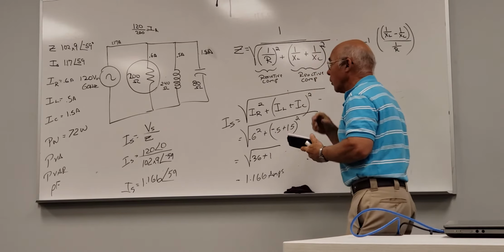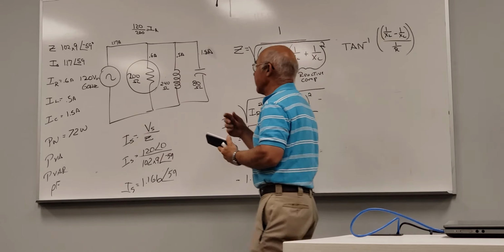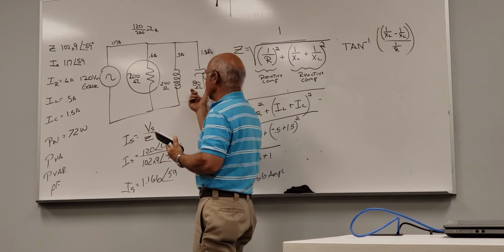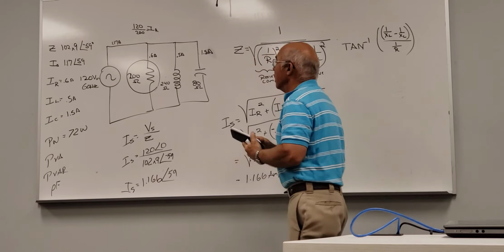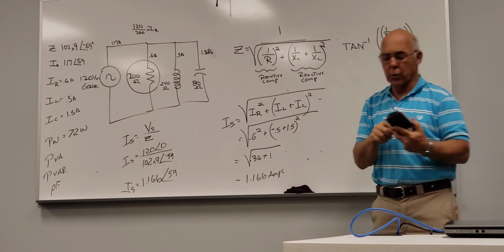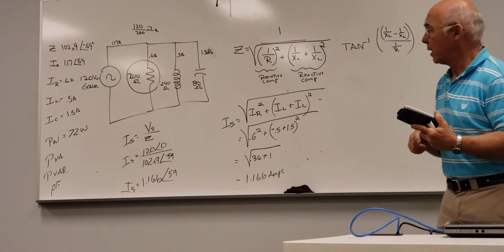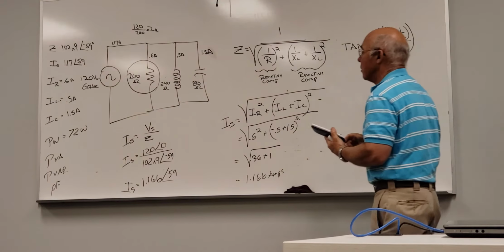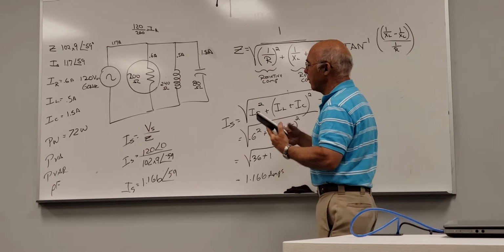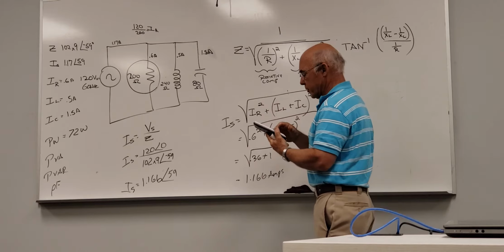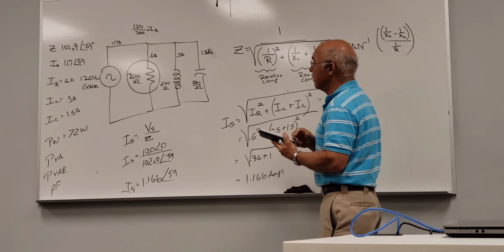Now we can look at the power dissipated by the inductor and the capacitor. The difference between those two powers will be the power that shows up as the volt amperes reactive.